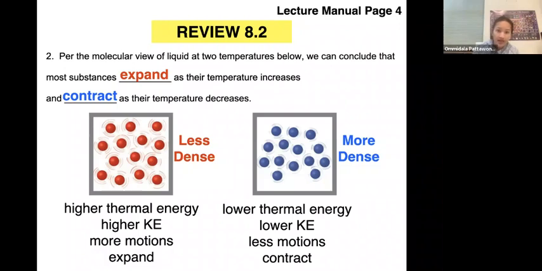For example, as the temperature increases, the substance expands, and that increases the volume. Therefore, the substance becomes less dense. Versus if you have the substance at lower temperature, it contracts, causing the volume to shrink. So in this case, the substance becomes denser. That's what we looked at in chapter 8.2.